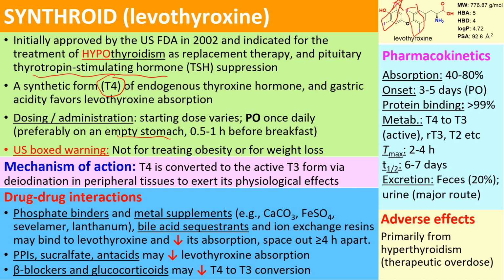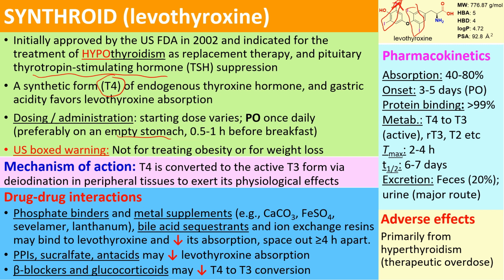If we look at the pharmacokinetic profile, absorption ranges from 40 to 80%. Onset takes a few days, 3 to 5 days. Protein binding is over 99%. Metabolism, as mentioned, this drug molecule T4 will be converted to T3, that's the active form, by removing one iodine from the drug molecule.